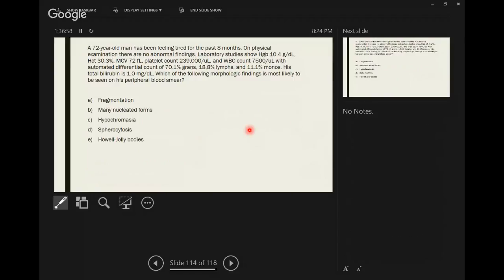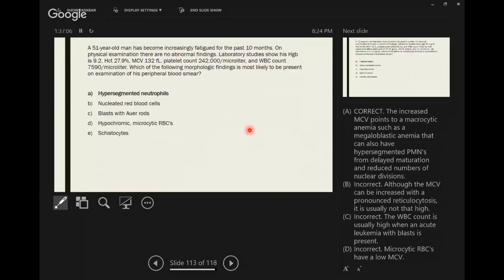All right, who are you going to choose? Yes. They're not as common a finding as hypersegmented neutrophils.